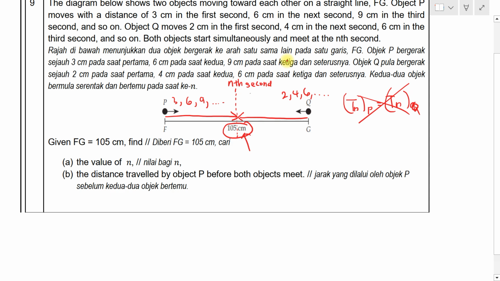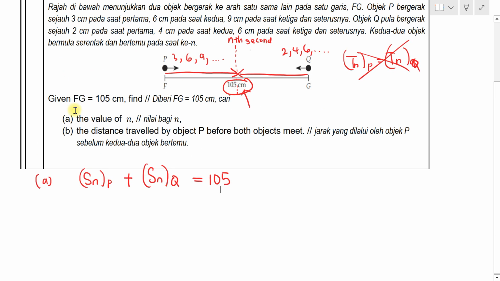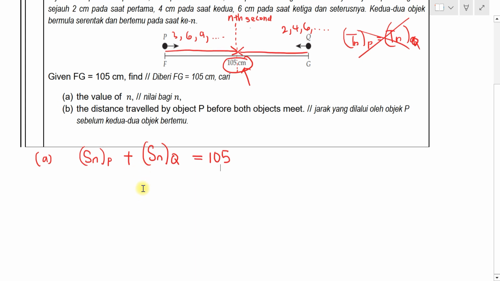So the 105 is actually the sum of the distances, not the nth term. That means we have to use the sum formula, not the nth term formula. So the sum of n terms of particle P plus the sum of n terms of particle Q must sum to 105 centimeter. This is our strategy.